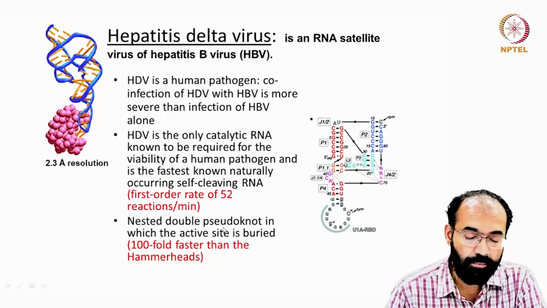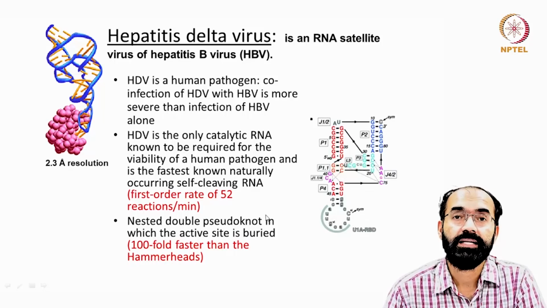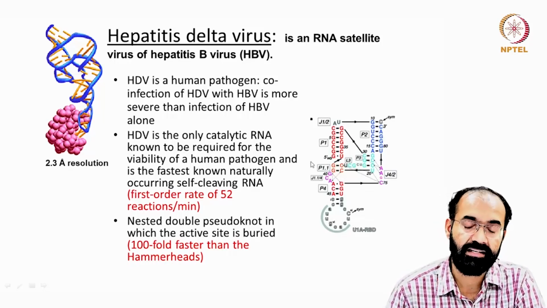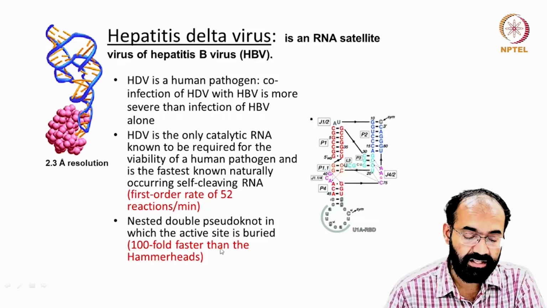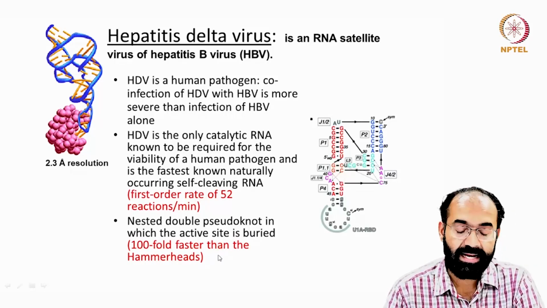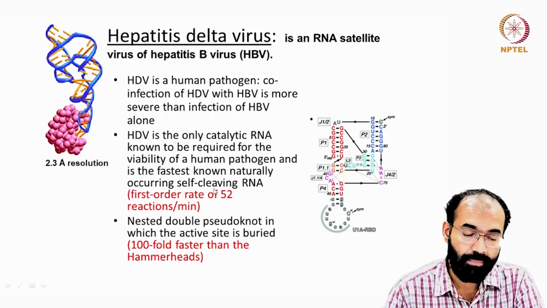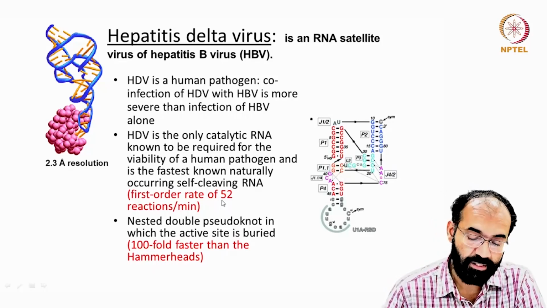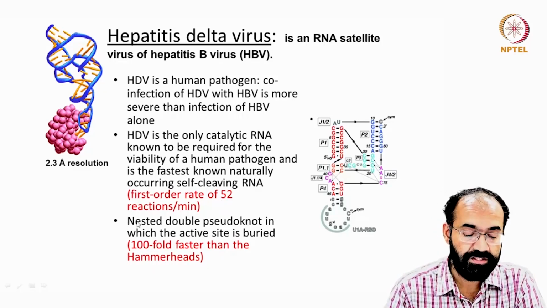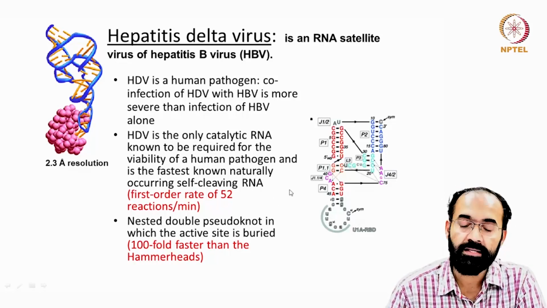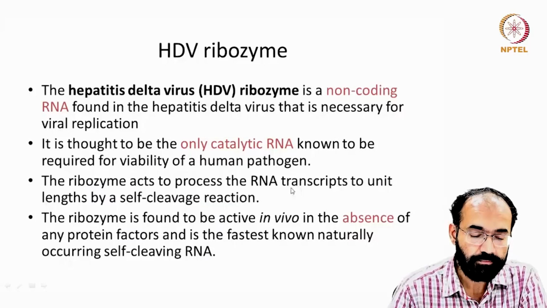This nested double pseudoknot is the structural feature you can see on the right-hand side in this picture, and this structure allows the faster rate of reaction, roughly 100-fold faster than hammerhead ribozymes. Hammerhead ribozymes are also reasonably fast, but the HDV ribozyme is much faster. The nested double pseudoknot is quite capable of imparting this fast reaction.